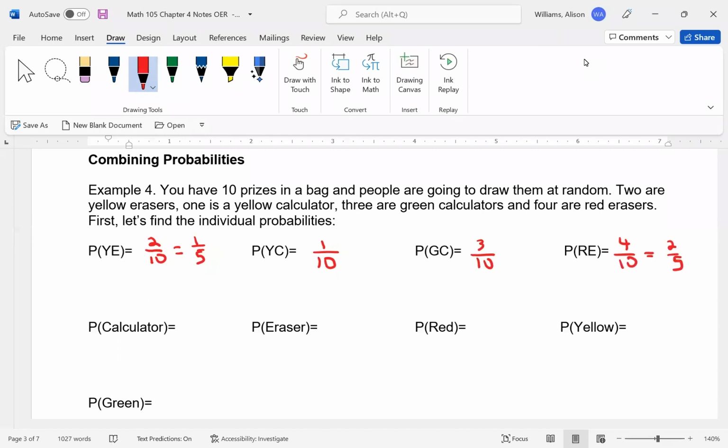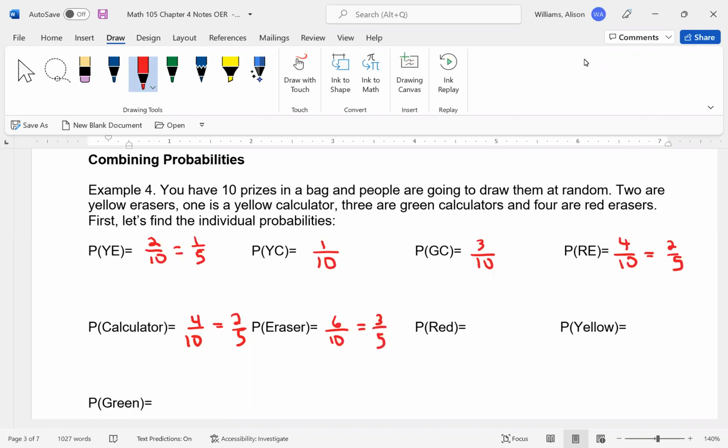Okay, so now let's do it by how many calculators there are. What's the probability that we're just going to have a calculator? Since there's a yellow one and green ones, that would be a total of 4 calculators, so 4 out of 10, which is 2/5. Then for erasers, we have 2 yellow ones and 4 red ones, so 6 out of 10, which reduces to 3/5.